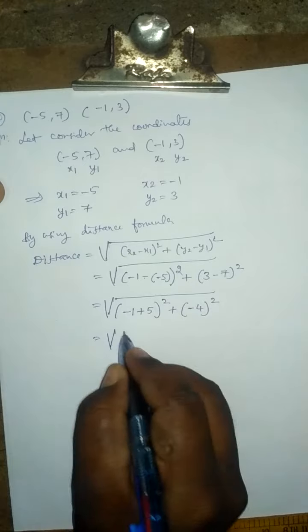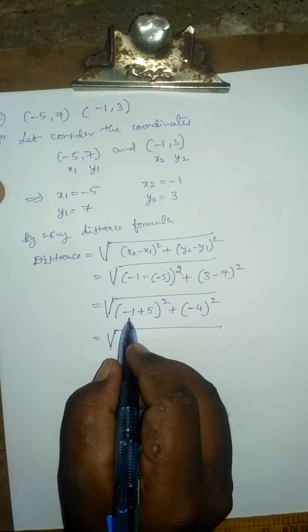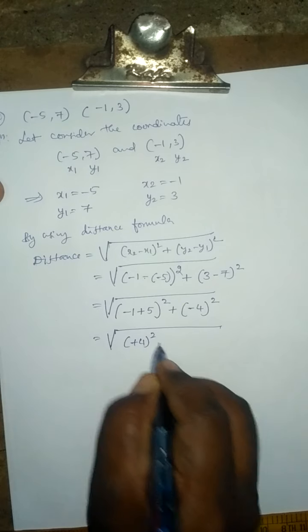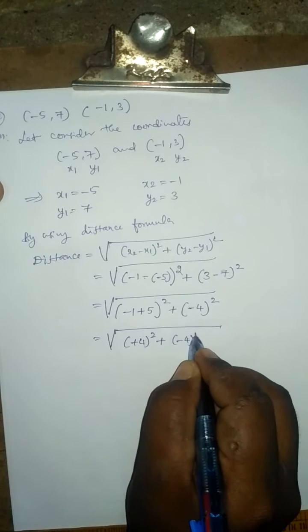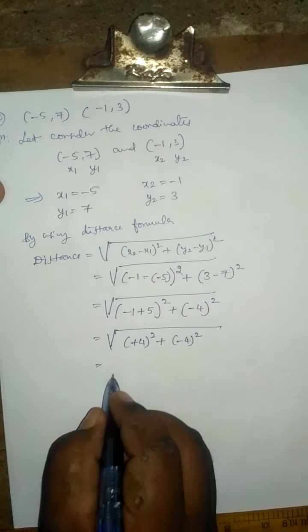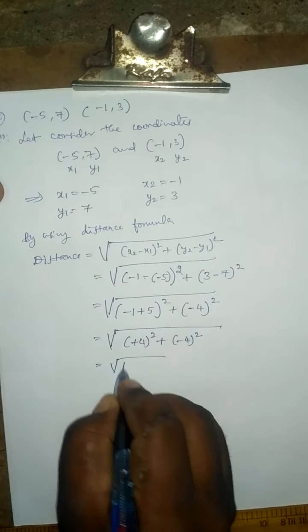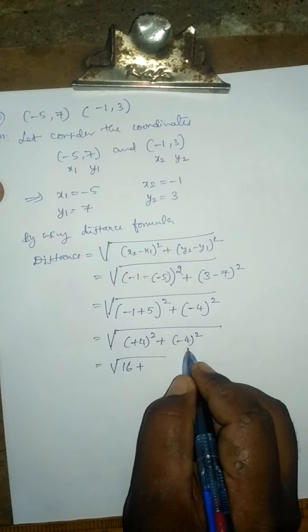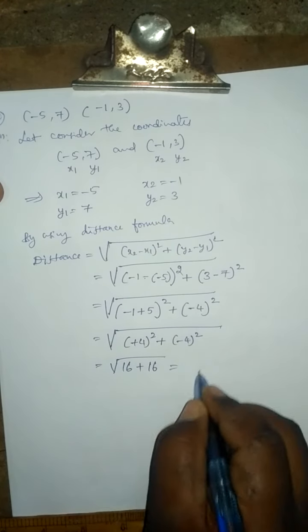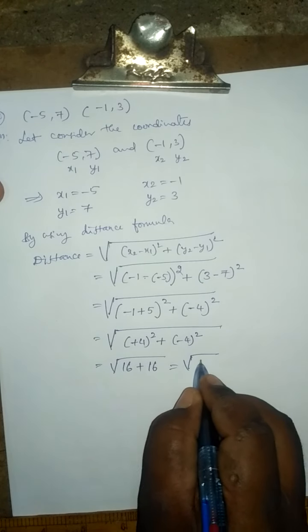Next step, under root minus 1 plus 5 is plus 4 whole square, plus minus 4 whole square. A negative number square is always positive. For that reason, under root 4 square is 16, plus minus 4 into minus 4 is plus 16. This is equal to 16 plus 16, 32.